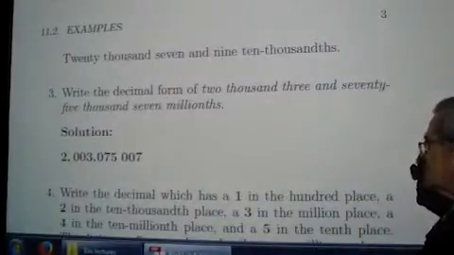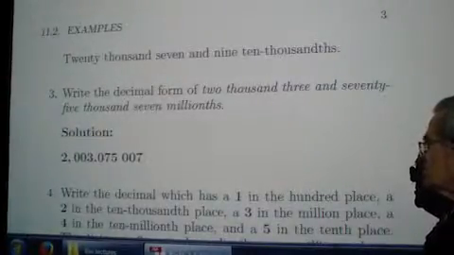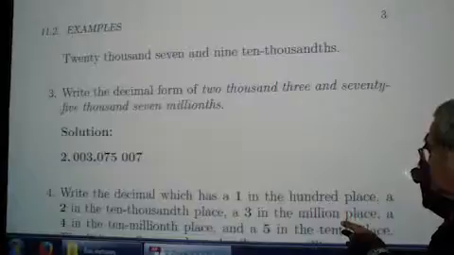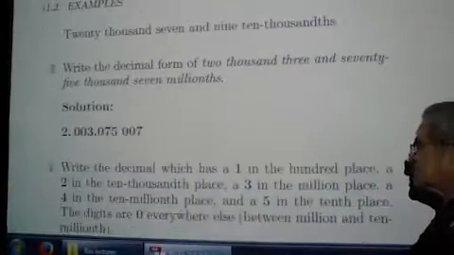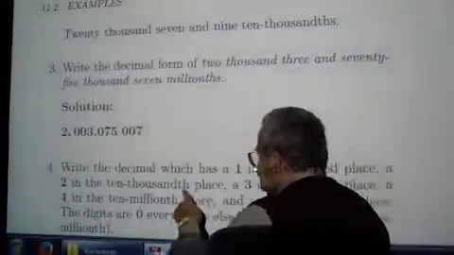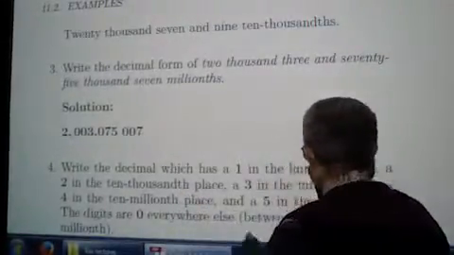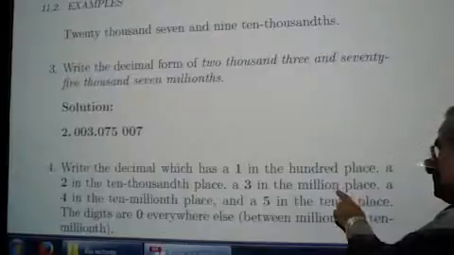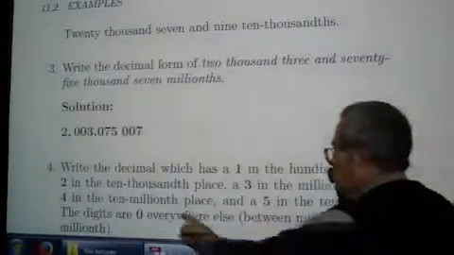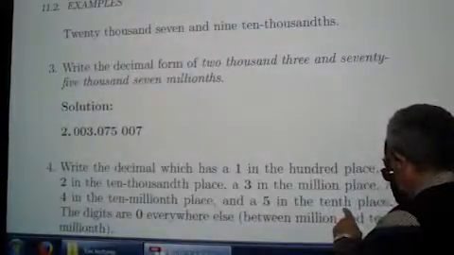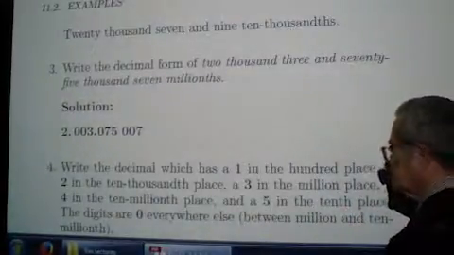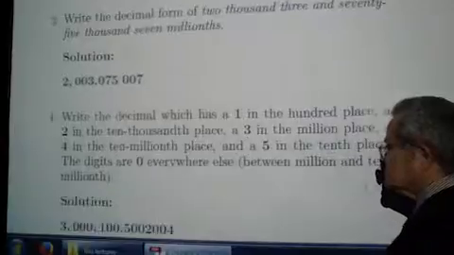Write a decimal which has a 1 in the hundredths place, not hundreds, a 2 in the ten-thousandths place with the th, a 3 in the millionths place, not millions, a 4 in the ten-millionths place, a 5 in the tenths place, and a 0 in the other places.